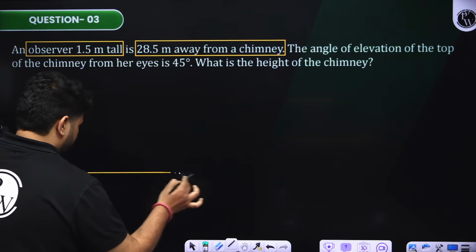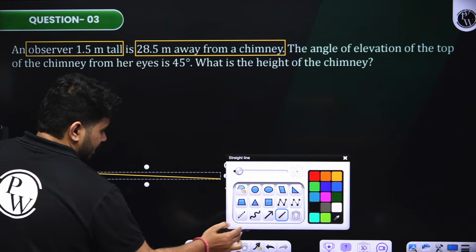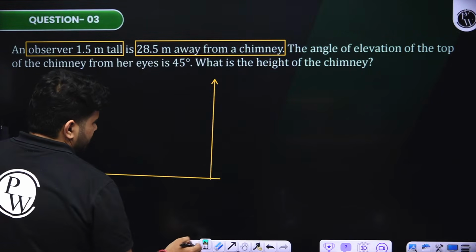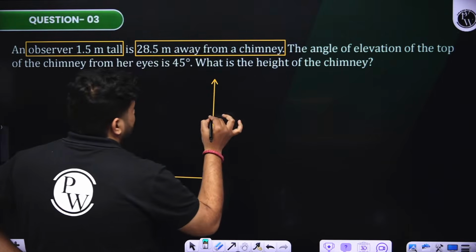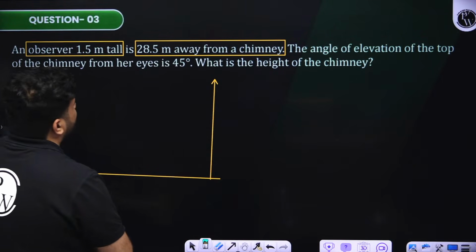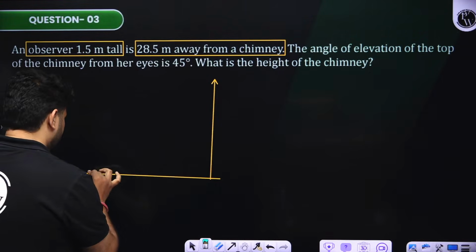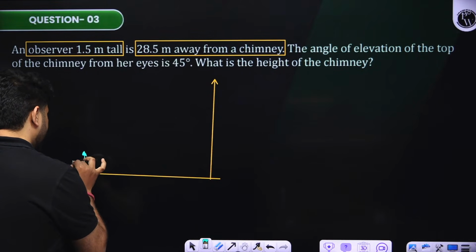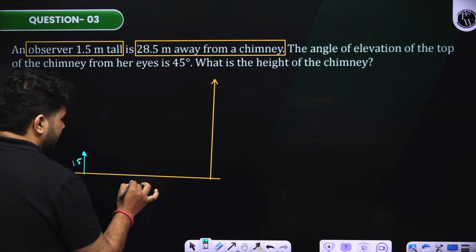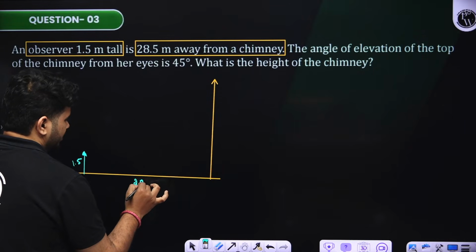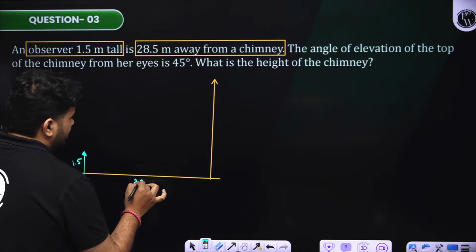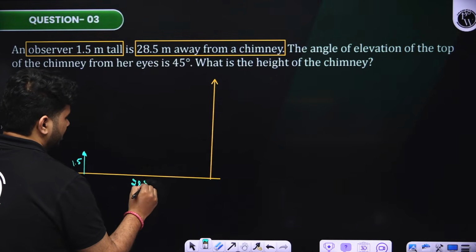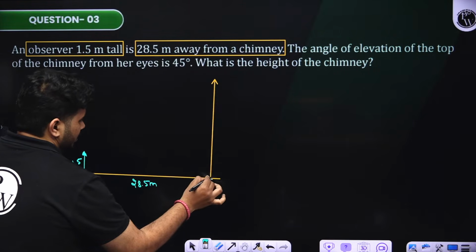This is the ground. Here we have a chimney. They are telling that our observer, whose height is 1.5, is 28.5 meter away from the chimney.